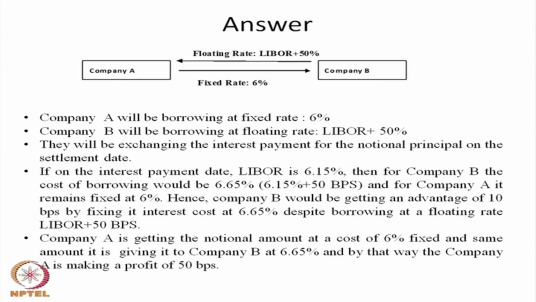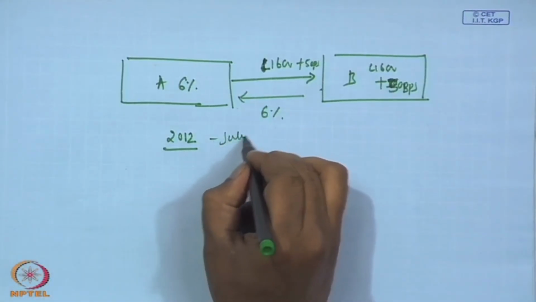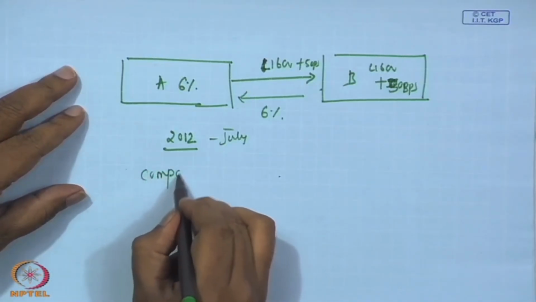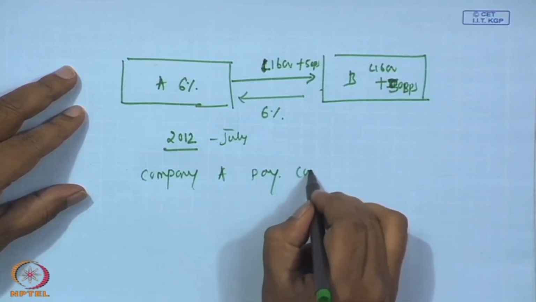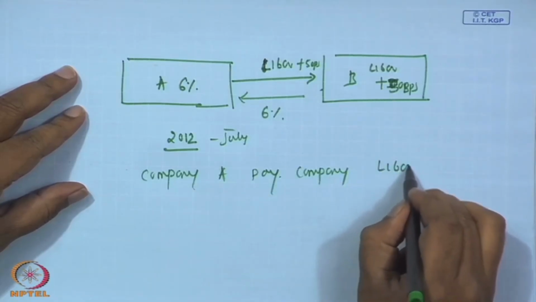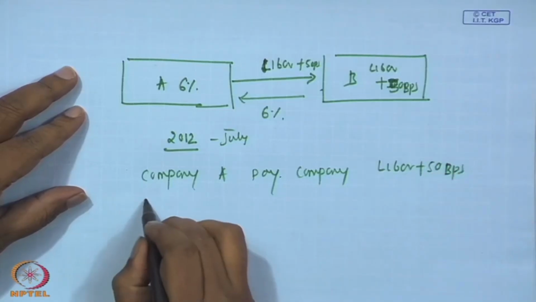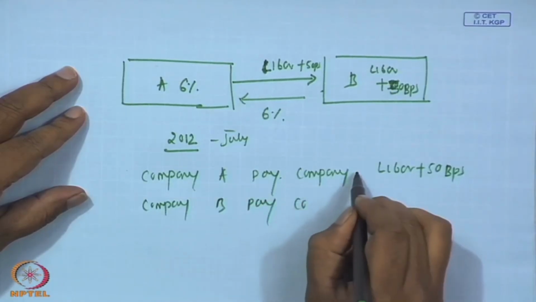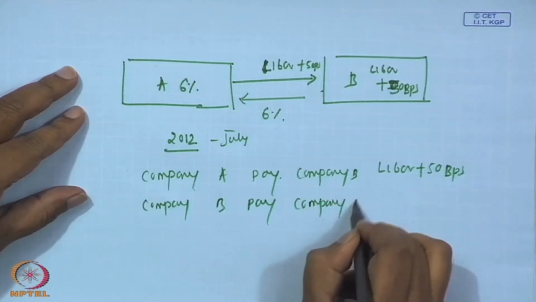Suppose in July 2012, company A pays company B LIBOR plus 50 basis points and company B pays company A 6%.